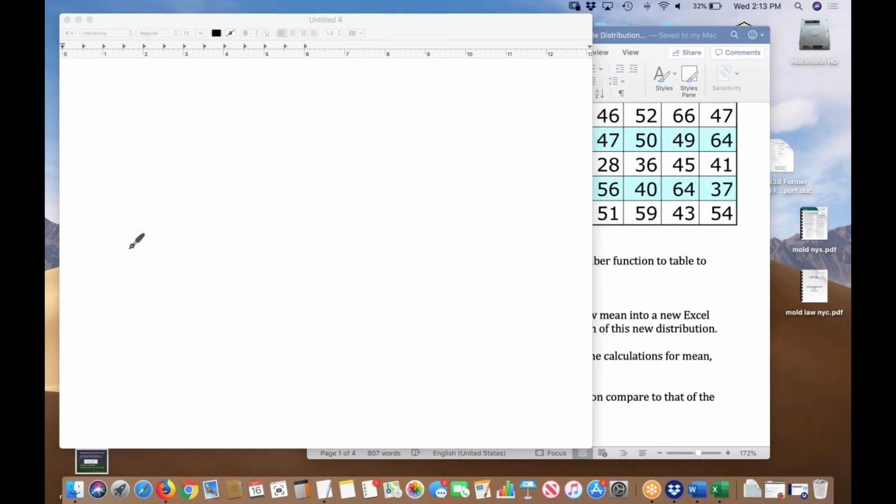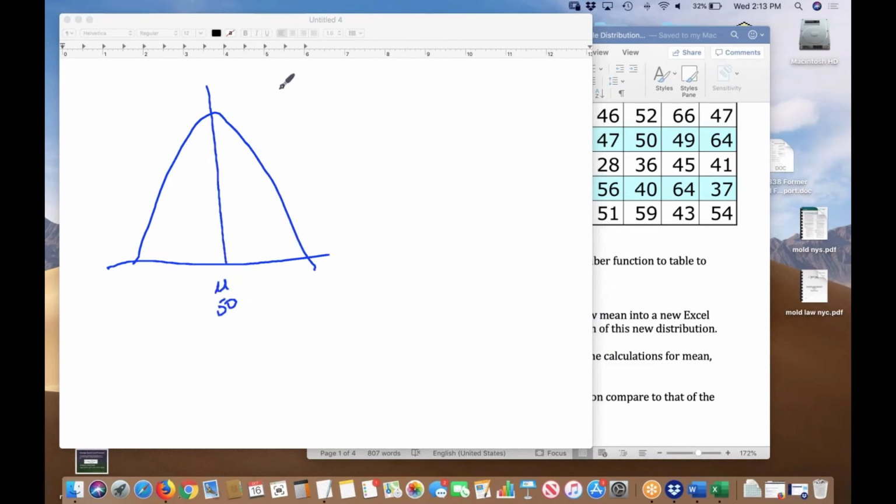So if I look at our original population, we have a bell-shaped distribution. It's a normal distribution. Our mean is 50, and our standard deviation is equal to 9.